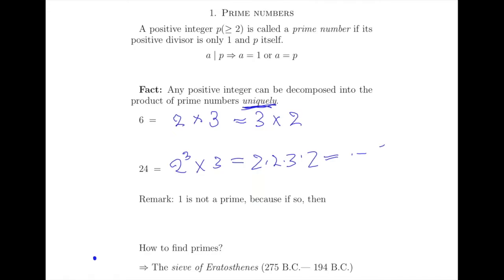But one remark: the number 1 is not a prime, because if we understand that 1 is prime, then we can decompose 6 as 2 times 3 times 1, or times 1, or times 1, etc. So if we include 1 in the set of prime numbers, then the decomposition into prime factors is not unique.